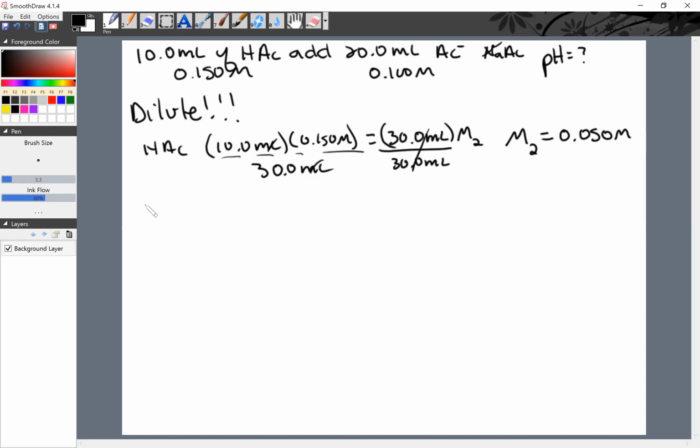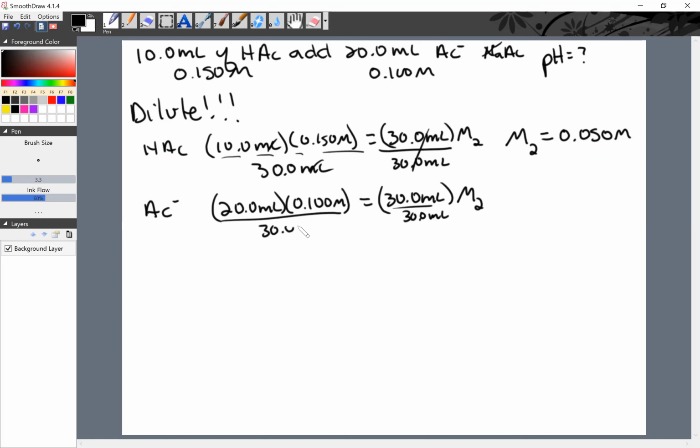Let's ask what the acetate will be doing. Hey, acetate, what's your new concentration? And this time I had 20 mils of a 0.10 molar solution, and there's 30 mils of the total solution, M2. So I'm going to divide both sides by 30 milliliters. My milliliters are gone.